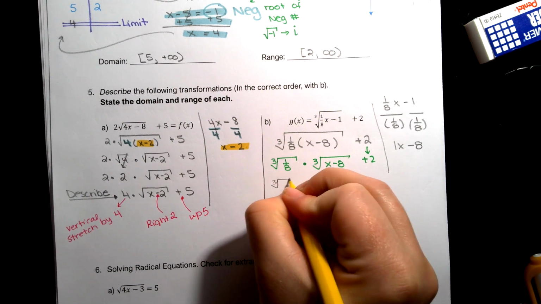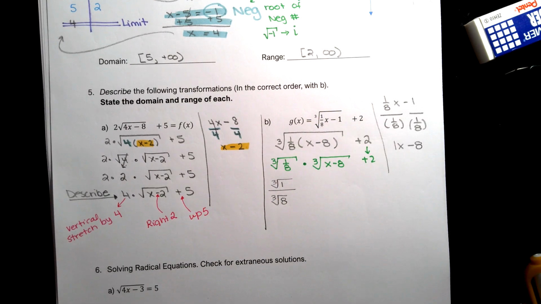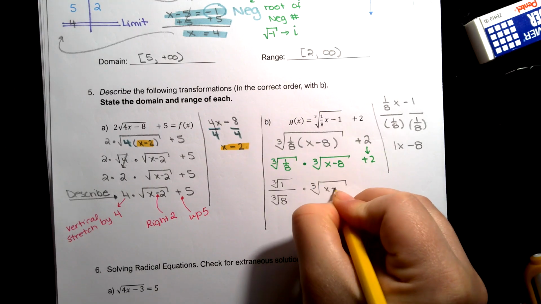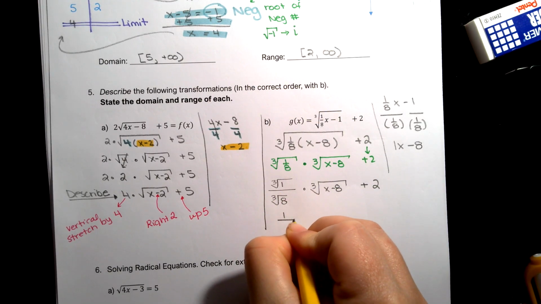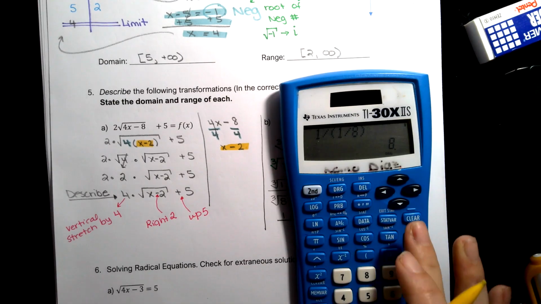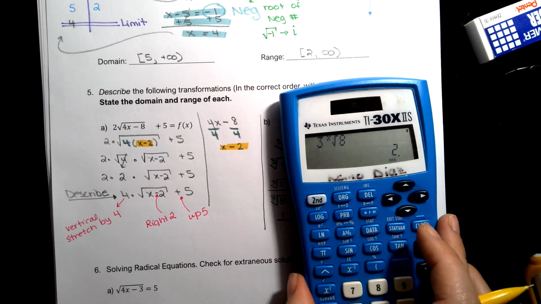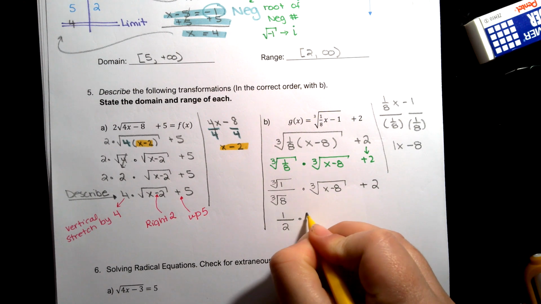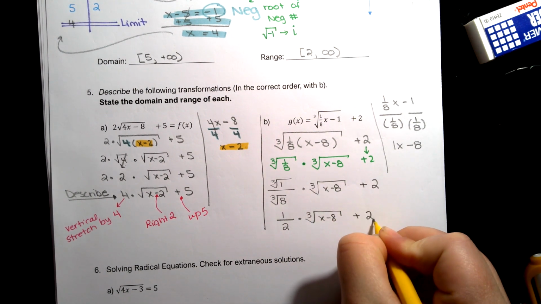So we need to separate this out as cube root of 1, cube root of 8, and we still have the cube root of x minus 8, and then we still have our plus 2. Cube root of 1 is 1, cube root of 8, and there is a trick on the calculator. You can do cube roots, so 3, second, caret, and then we can type in 8, which gives us the cube root of 8 as 2. We still have our cube root of x minus 8, and then we have the plus 2.